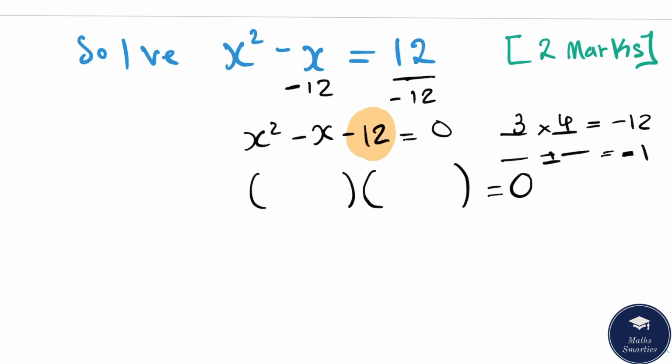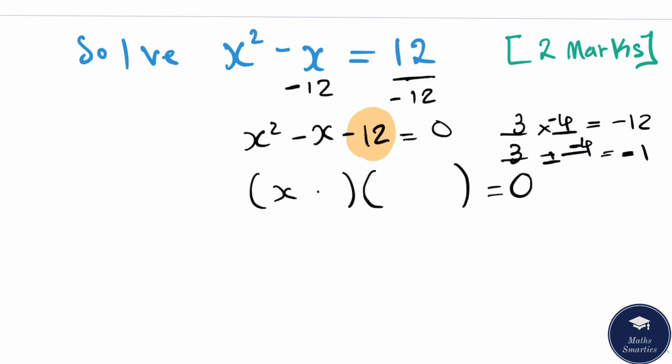If it's positive, that means it could be either negative or positive, okay? So in this case it's negative, so one of them has to be negative. So I think 3 minus 4 could get me minus 1, and that is correct.